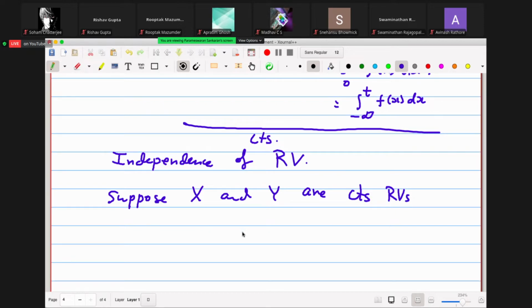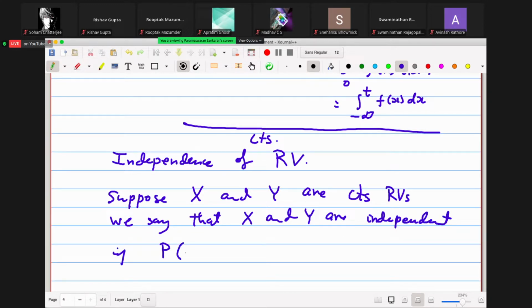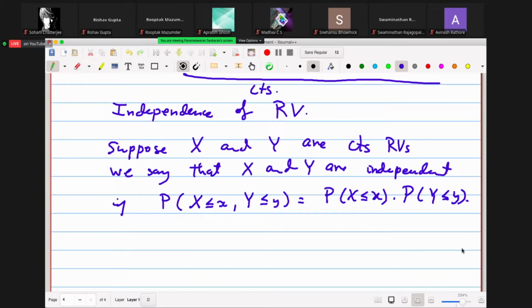We say that X and Y are independent if the probability that X less than or equal to x, Y less than or equal to y, where this comma means and, is the same thing as the probability X less than or equal to x times the probability Y less than or equal to y. Okay.